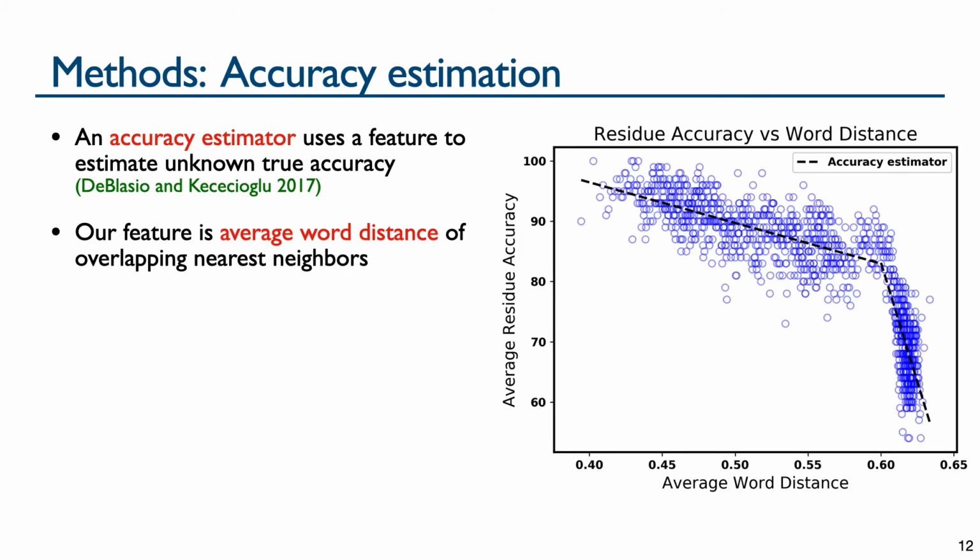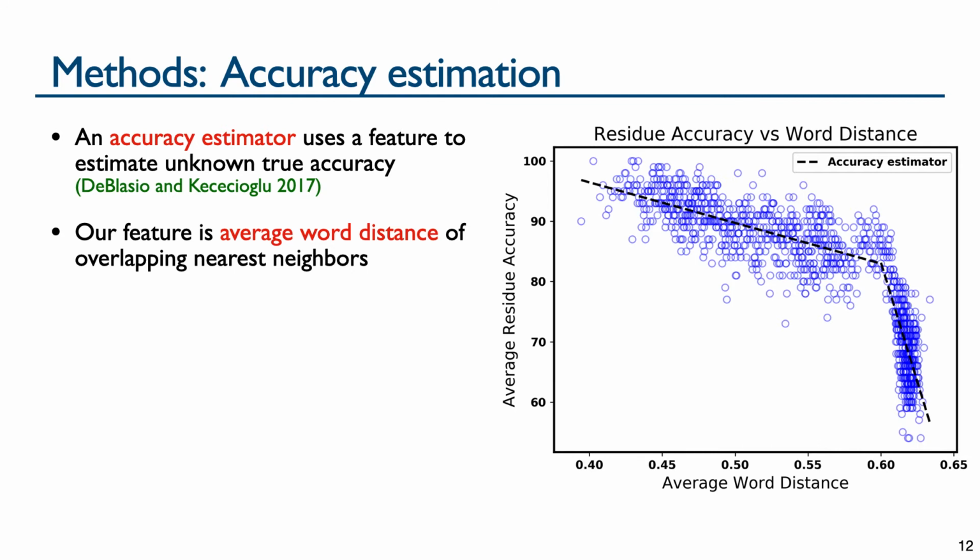In this figure, the horizontal axis is average word distance at a residue, and the vertical axis is the average accuracy of residues at that word distance. Each circle represents a residue from CASP proteins, which is plotted at its average word distance on the horizontal axis. Its value on the vertical axis is average empirical accuracy of residues with similar word distance.